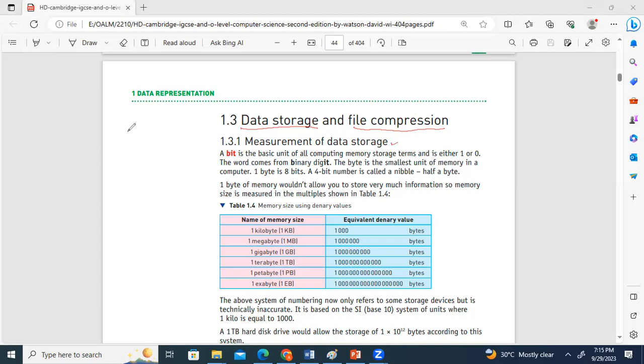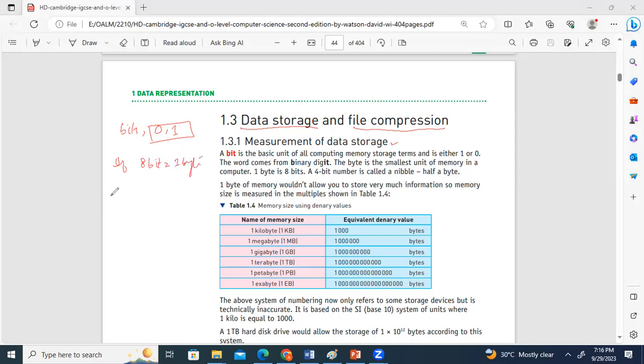As you know, data is stored in the form of bits. Bits means there are two values, 0 and 1. The combination of these makes up data storage. 8 bits is equal to 1 byte.